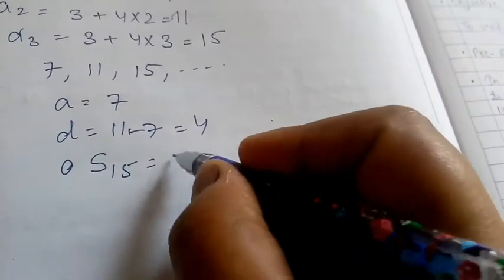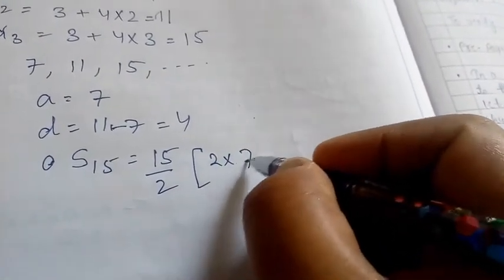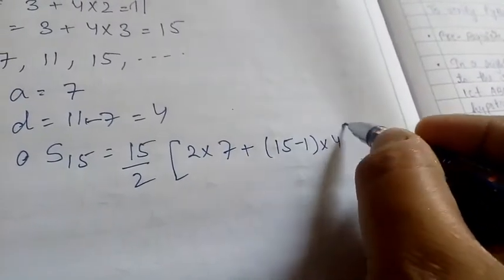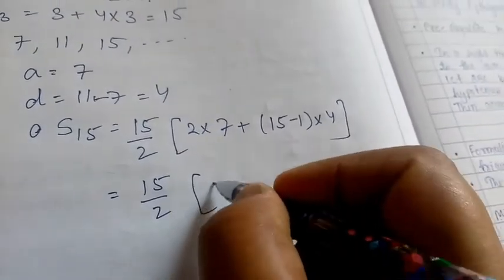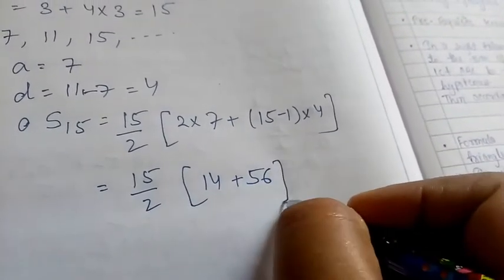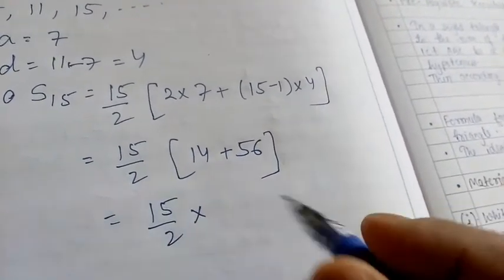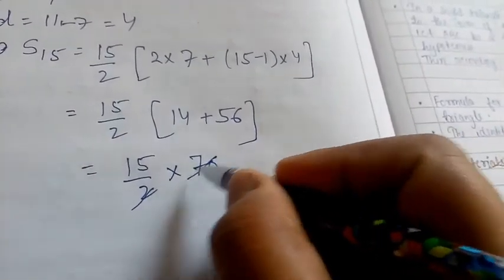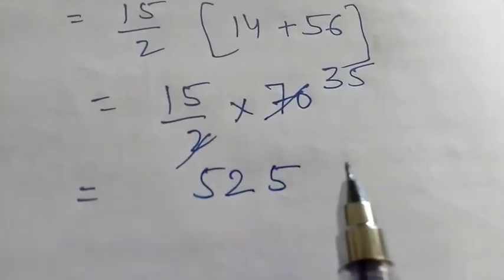n equal to 15. 15 by 2, 2a plus n minus 1 into d. 15 by 2, 14 plus 14 into 4, that is 56. 35 into 15, 525.